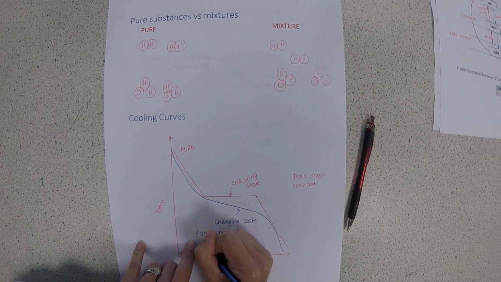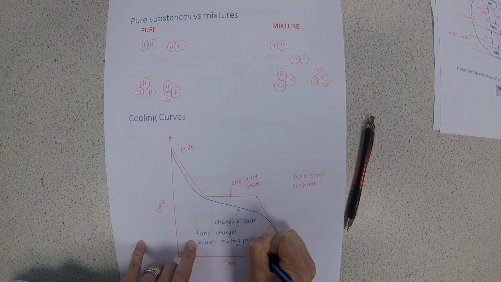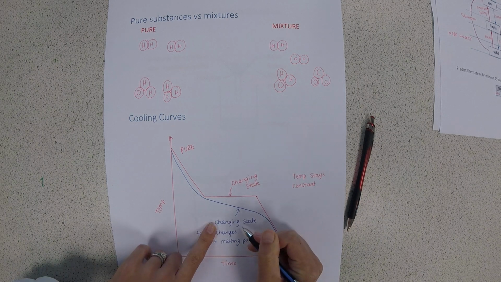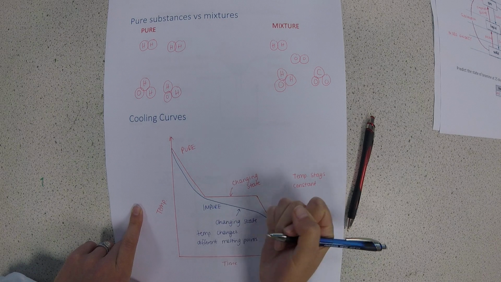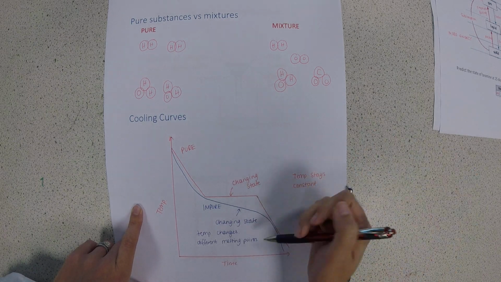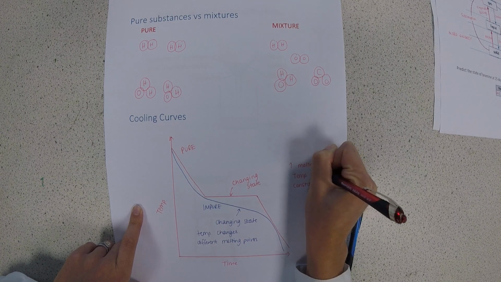So there are lots of different melting points. So they don't all melt at the same time. So this is our impure substance, or our mixture. The changing state has only got one melting point if it's pure.